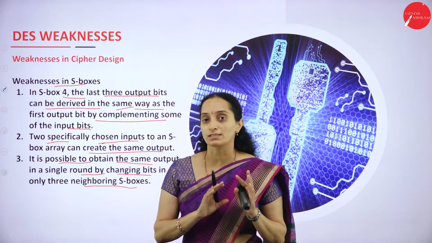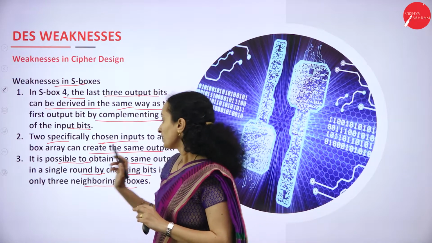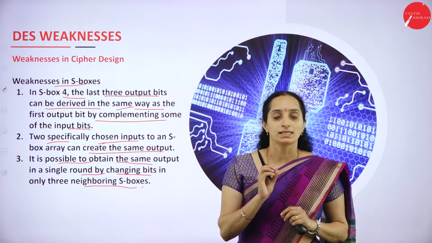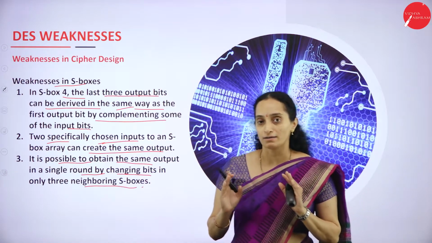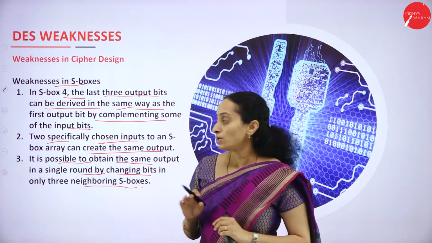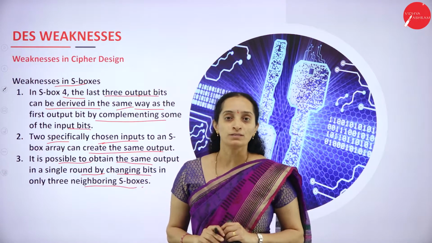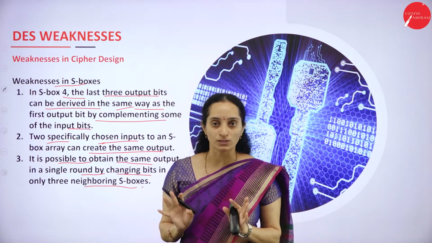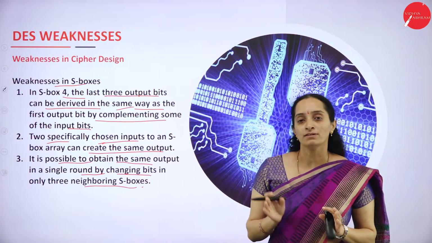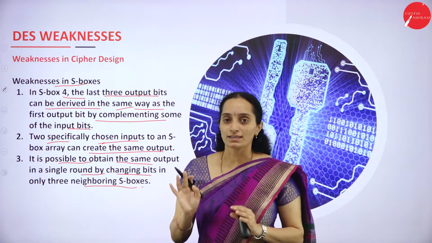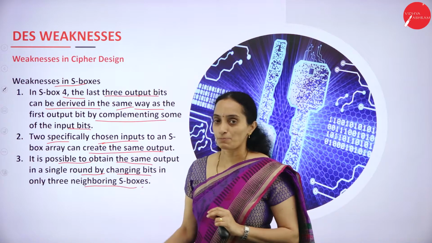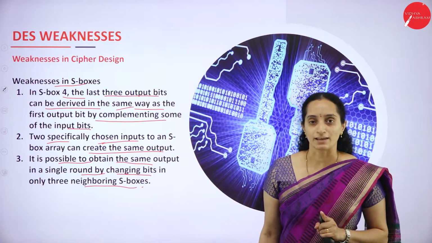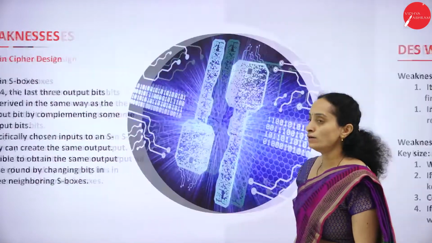If you take the S boxes 3, 4, 5, and complement or change only few bits of the neighboring S boxes, you can get the same output in the single round. No need to talk about the previous rounds. The single round itself will give the same output for all the 3 neighboring S boxes. This is another weakness that can make the DES ciphering more prone to attacks.